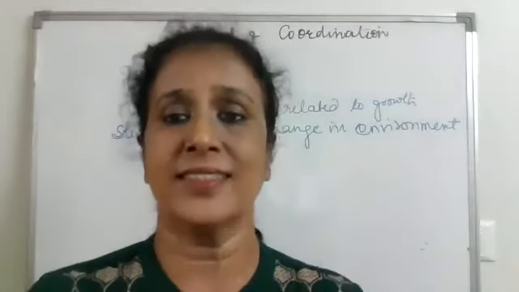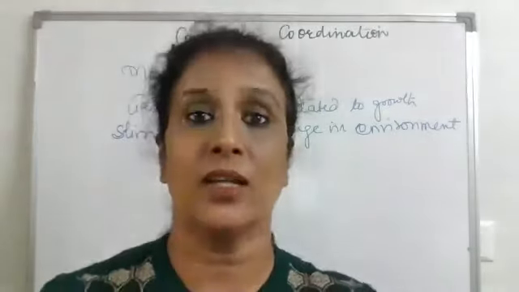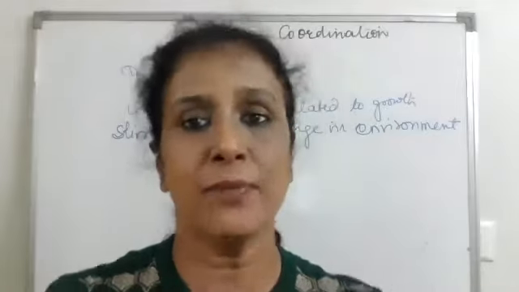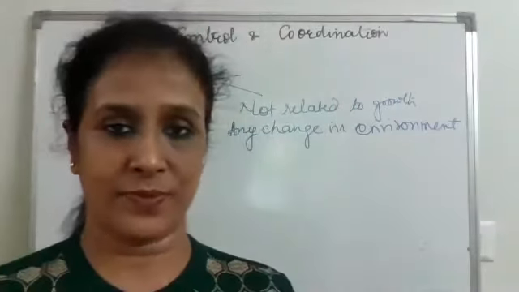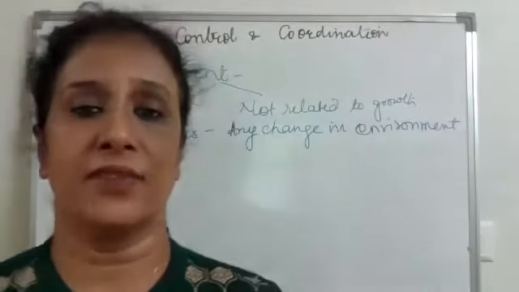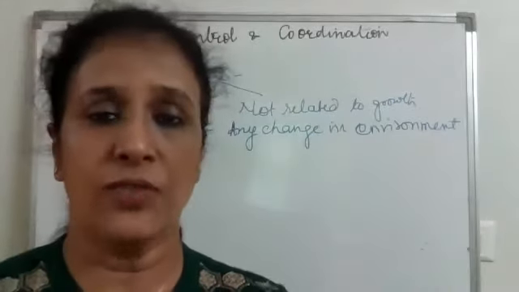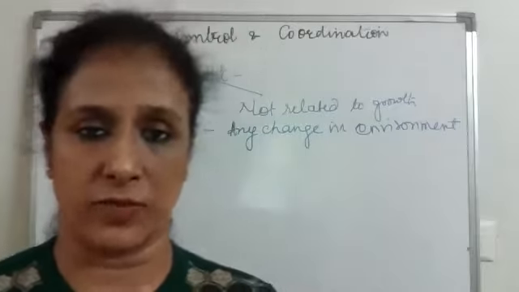So any signal from our surrounding or environment that makes us react is known as a stimulus. So we get the stimulus and then we react. How do we react? We show our reaction in the form of movement.